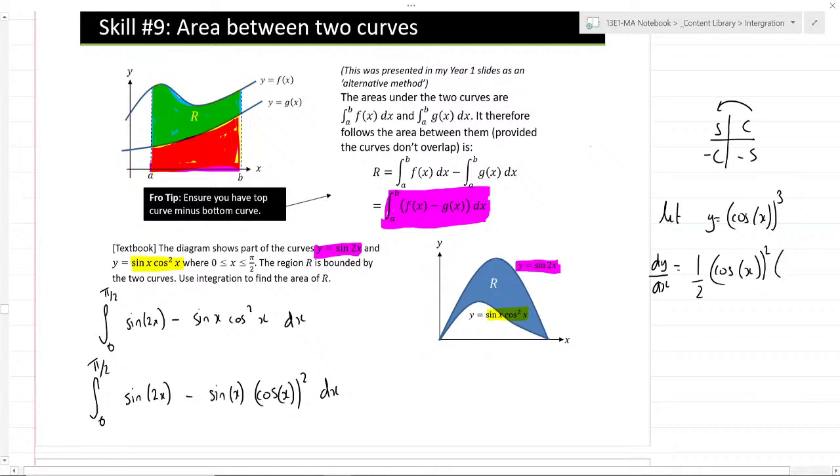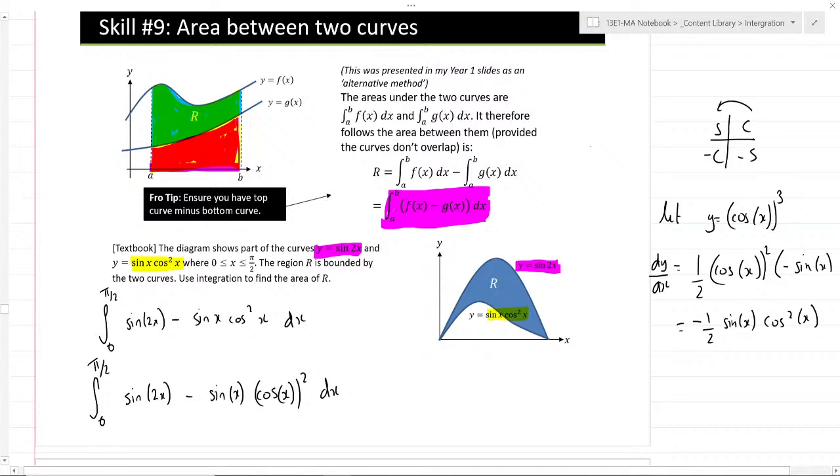So it's going to be the differential of cos is minus sine, isn't it? Yeah, the differential of cos is minus sine of x. So I end up with minus a half sine of x times by cos squared x. Everybody happy with that?